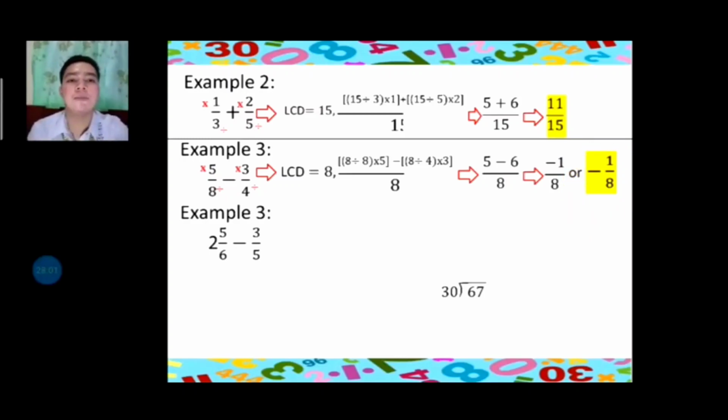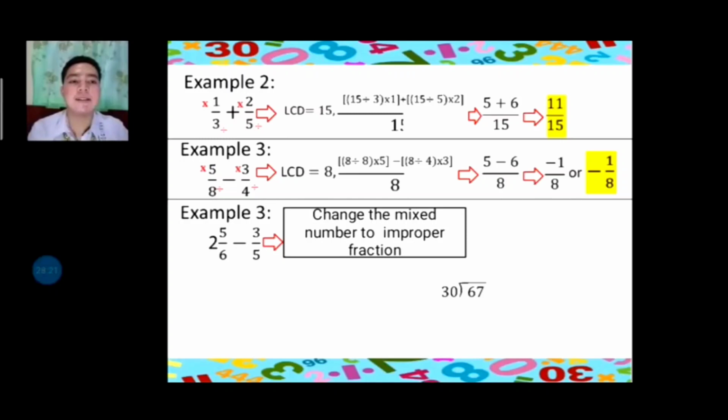Example number 4. So what if we have 2 and 5 over 6 minus 3 over 5? As you can see, we have a mixed number. What you are going to do is change the mixed number to an improper fraction.